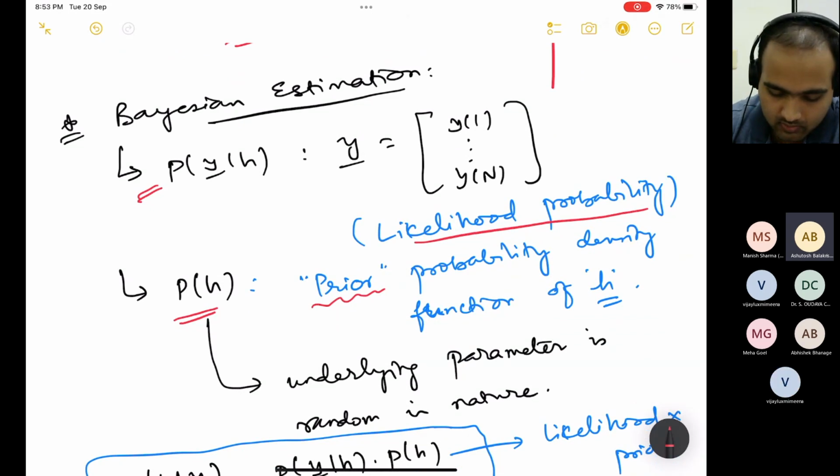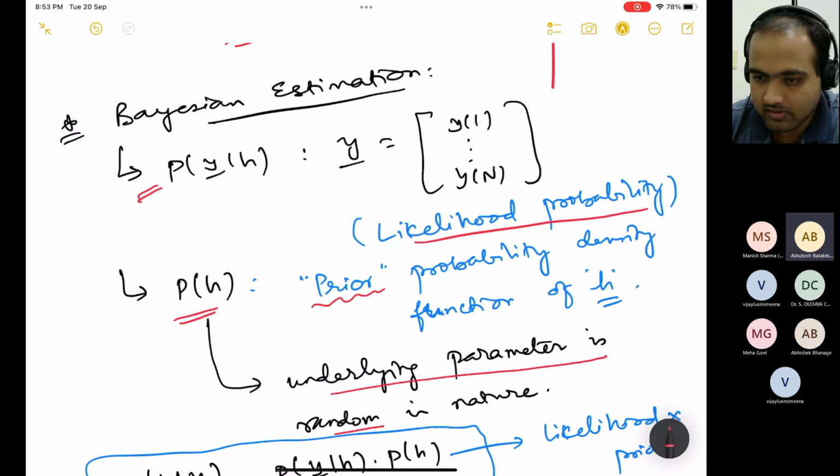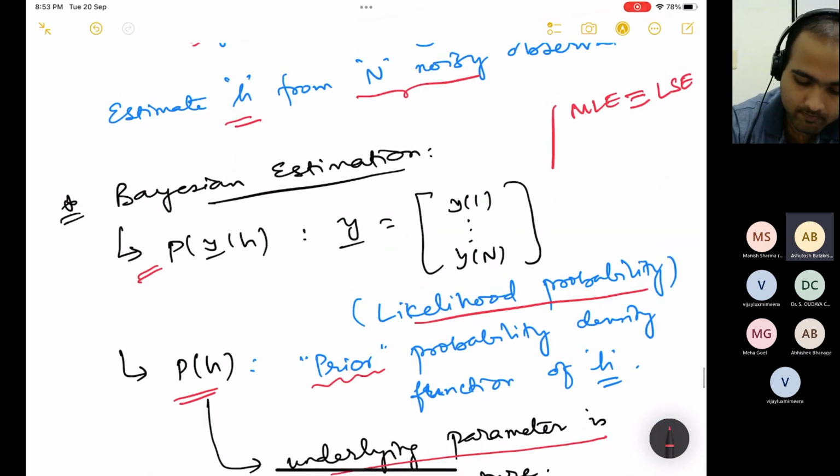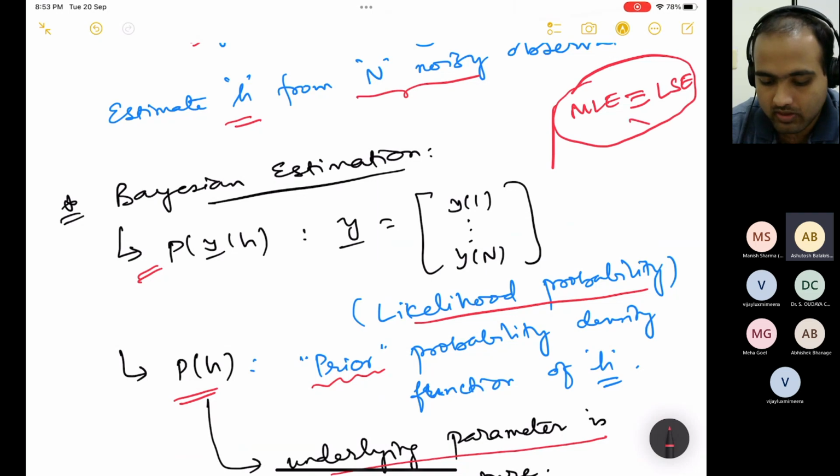So what we're saying is that the underlying parameter is itself random in nature. So the MLE estimator which we were doing so far won't work in this framework, and now we need to develop a new estimator to incorporate the prior probability or the prior distribution of the parameter.